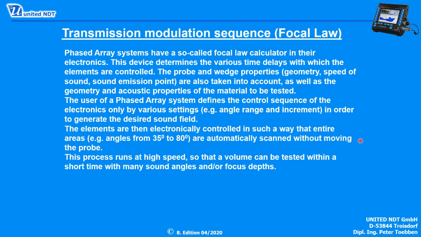So just place the probe and it's electronically moving the angle from 35 to 80. This process runs at a high speed so that the volume can be tested within a short time with many sound angles and/or focus depths.